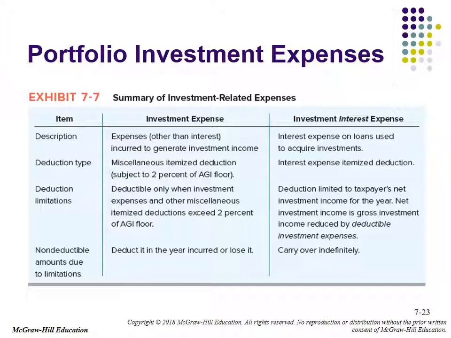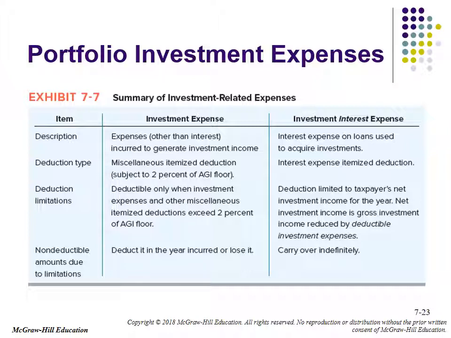So just quickly, if you had $1,000 of investment expenses, you paid a lawyer to help you with your investments, and your AGI is $10,000, we say 10,000 times 2% is $200. Well, only $800 of that 1,000, the amount above 2% of AGI, is allowed as an itemized deduction.